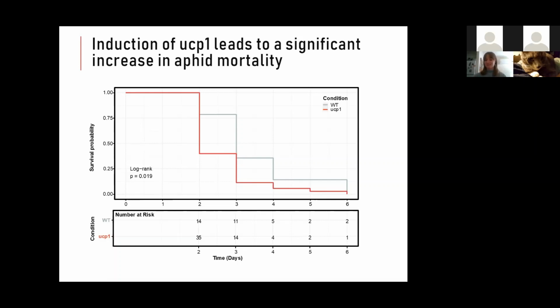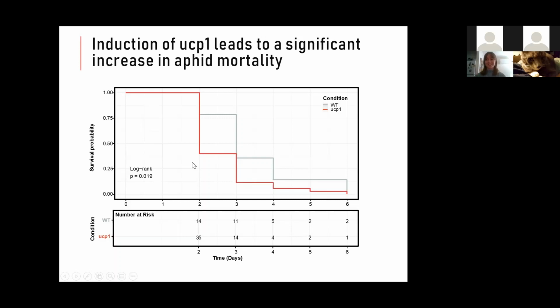You may notice that both of these aphids are dying, which is not ideal, and that's a byproduct of having to feed them on artificial diets spiked with this inducer. But I have repeated this experiment multiple times, and consistently every single time I get a significant increase in the mortality for the UCP1 aphids.